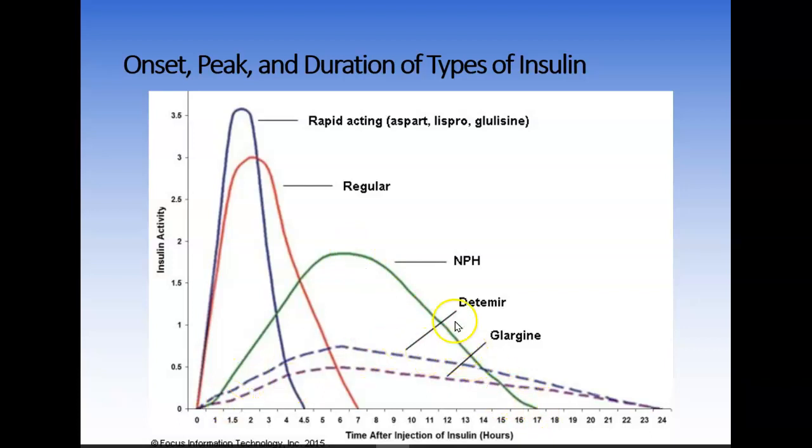And then the even longer ones, right, which are ongoing with a very lower peak, right? You see that? And you'll also notice that the rapid acting ones have a very high activity peak. So that's the way different drugs can be even layered on top of each other, right? And so a lot of what you do in a procedural sedation situation is like this, and it's why you have to understand your drugs and your onsets, your peaks, and your durations. It'll keep you out of trouble.